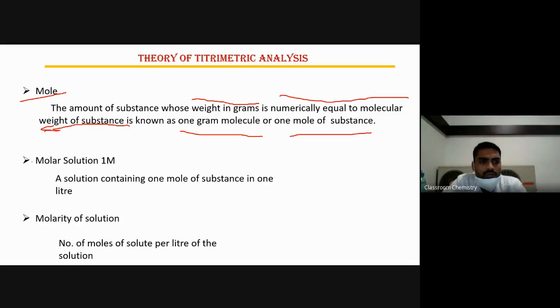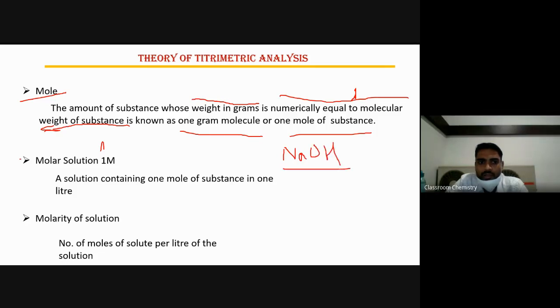Now we come to the point, molar solution: a solution containing 1 mole of substance in 1 liter. Mole means whose weight is numerically equal to its molecular weight. Suppose we want to prepare a 1 molar NaOH solution.